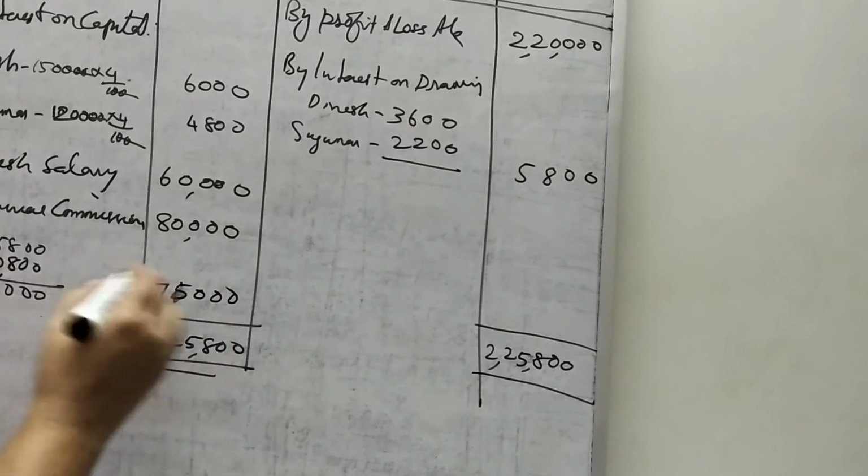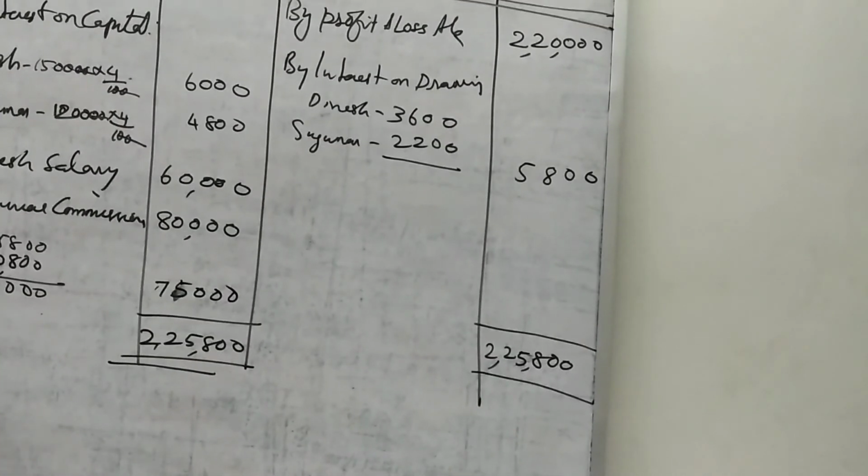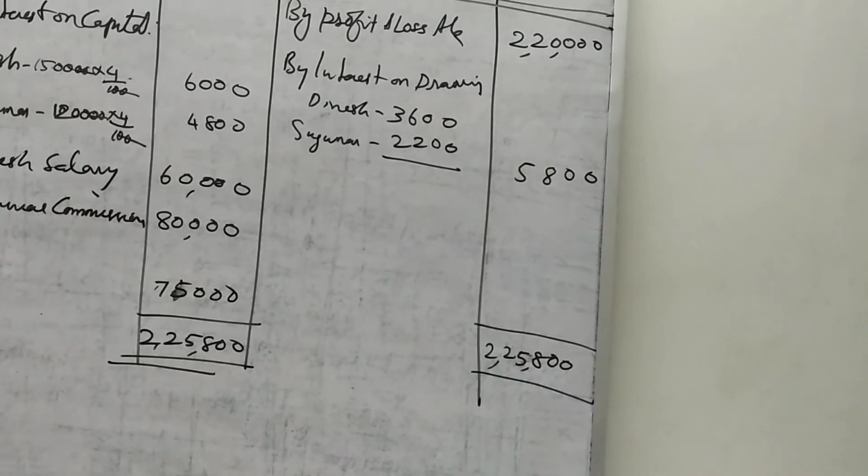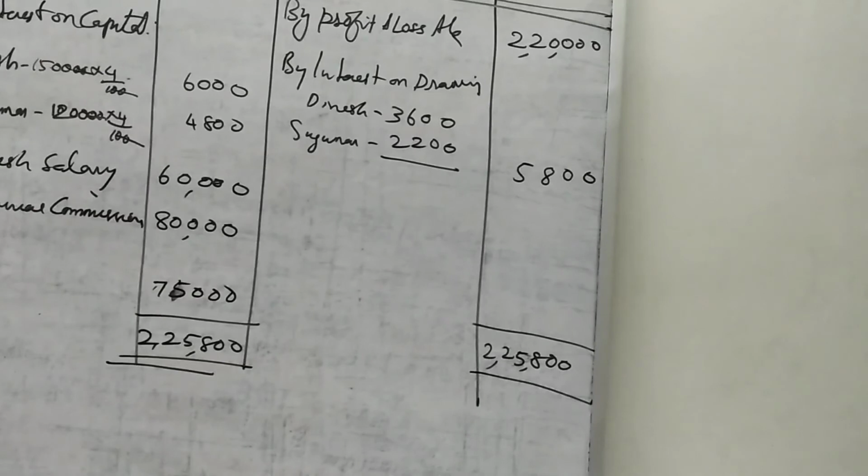Okay, this is divided in the ratio, what is the ratio given in the question? They are sharing profit in the ratio 2:1.